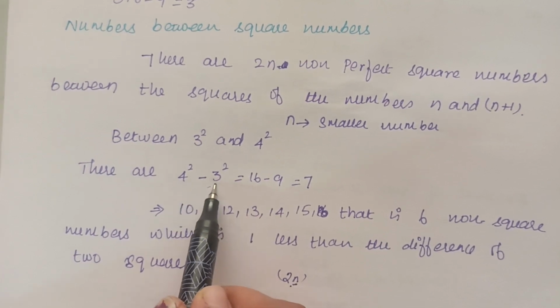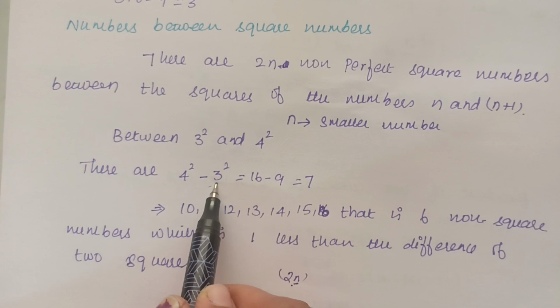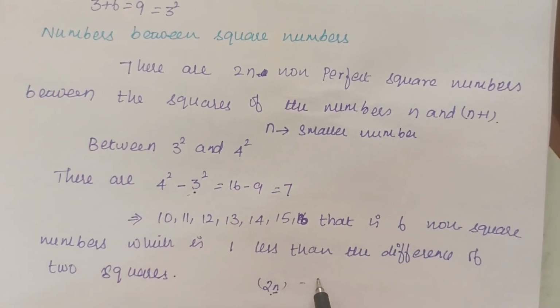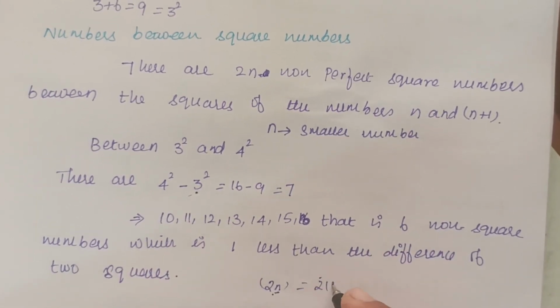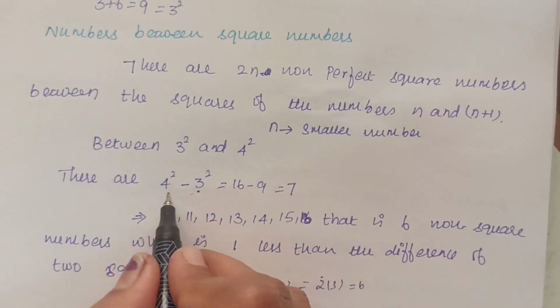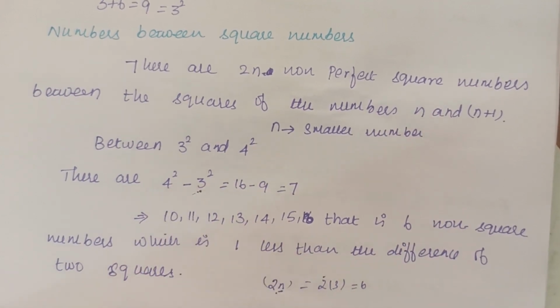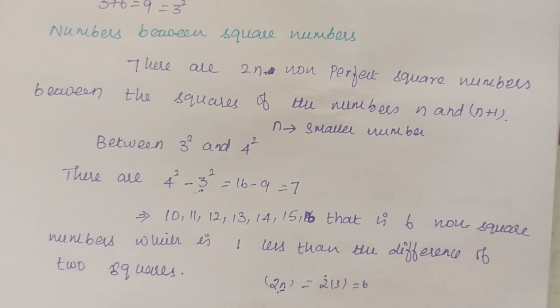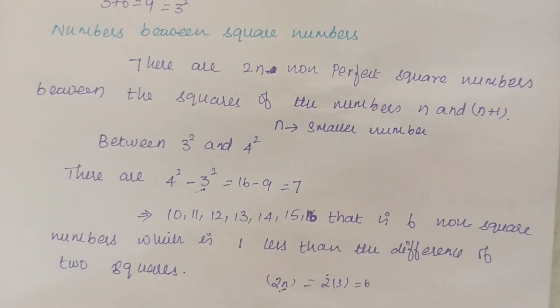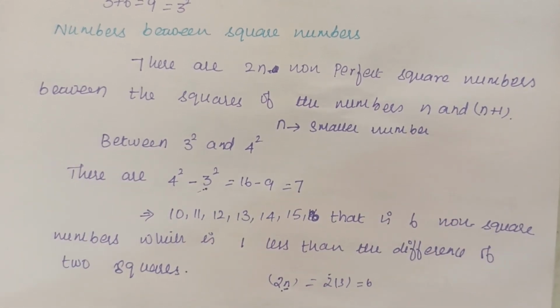Among these two, 3 is the smallest. So 2 into 3 equals 6. So there are 6 numbers between these two numbers. This is how we can find the numbers between two square numbers.